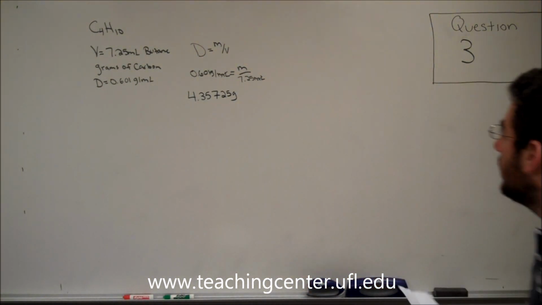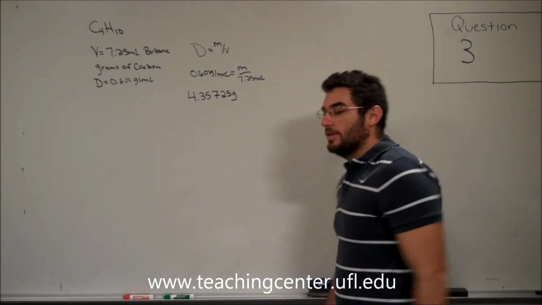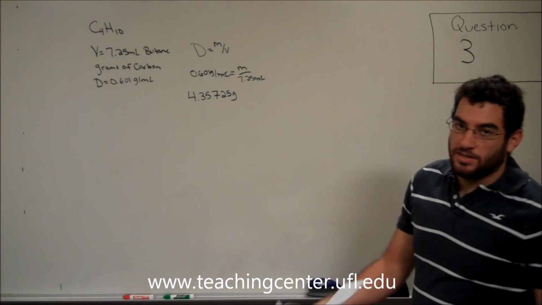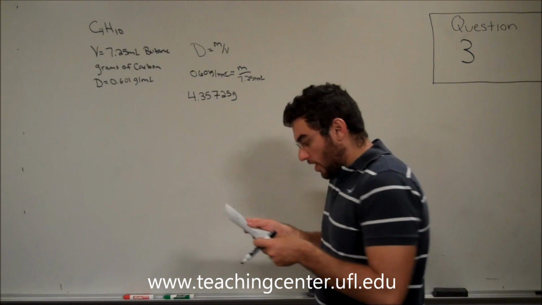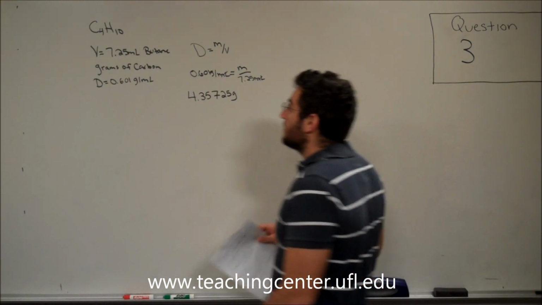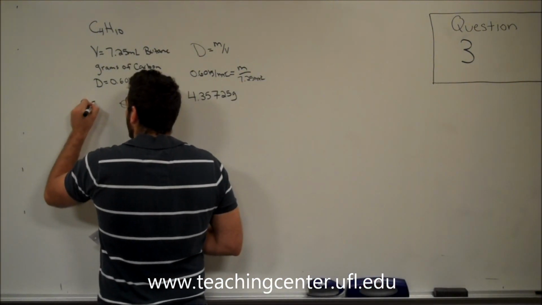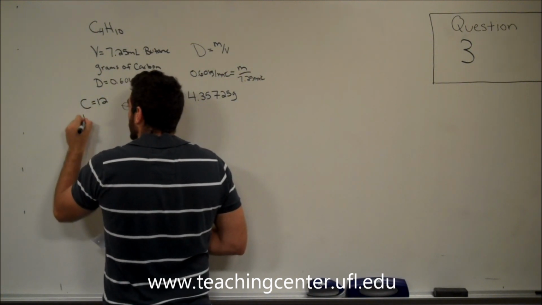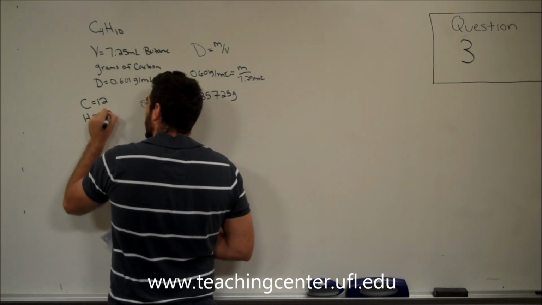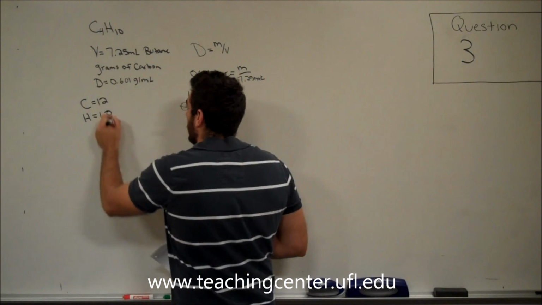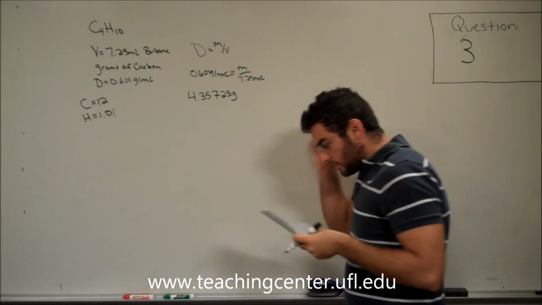Once we have how many grams it is, you always need to know the atomic mass. So for carbon, we know that carbon has an atomic mass of 12, and hydrogen has an atomic mass of about 1.01, around there.